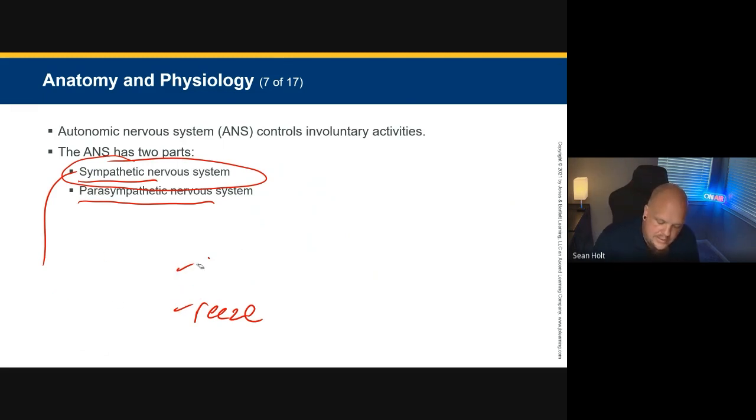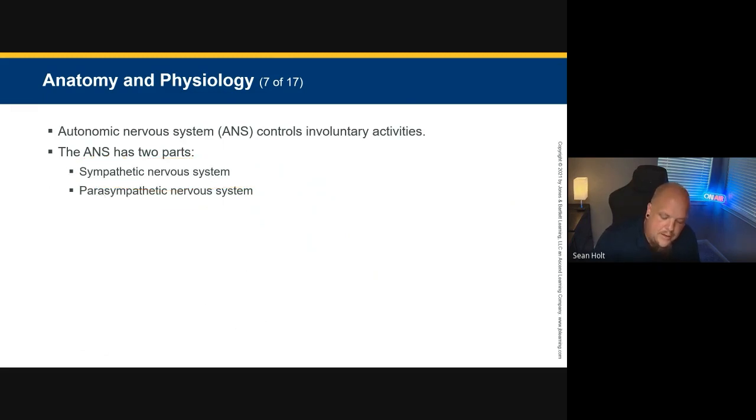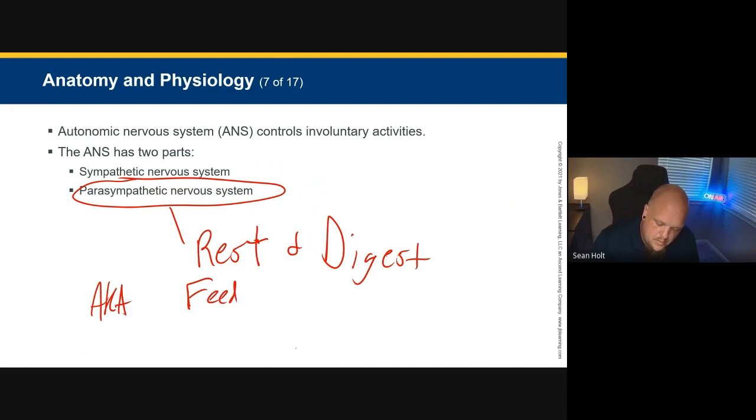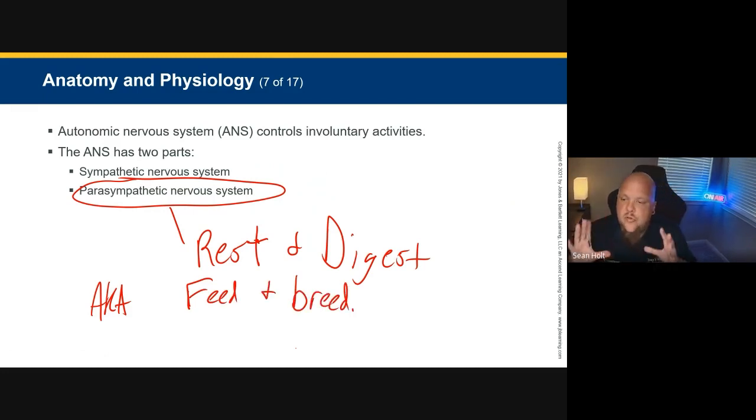Now, in contrast, we also have the parasympathetic nervous system. This is going to be rest and digest, also known as feed and breed. This is when everything is slowing down, okay?